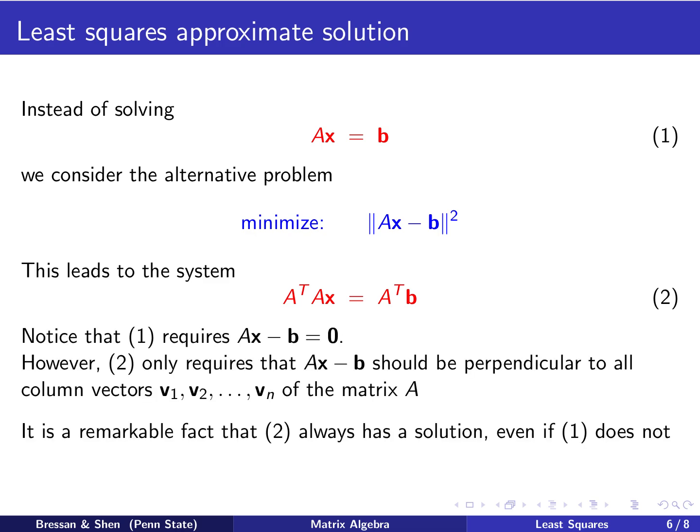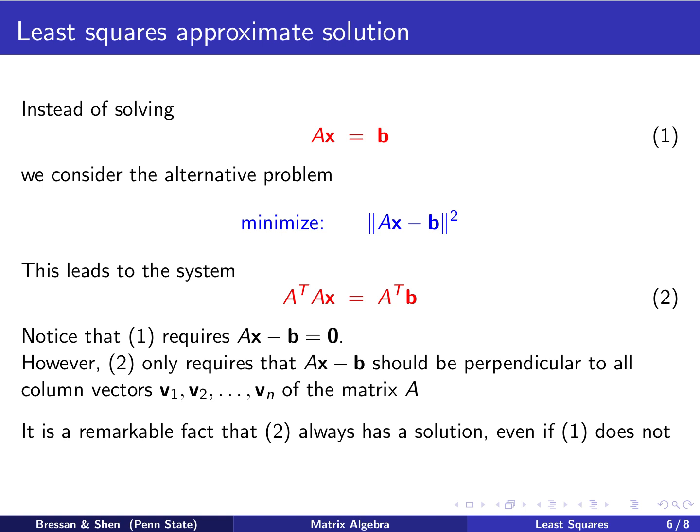Now just a few words of caution here. For problem 1, this problem requires that AX minus B is 0, which is very strict, and we cannot find a solution for that. However, problem 2 only requires that AX minus B be perpendicular to all column vectors of the matrix A, these are v1, v2, and vn.